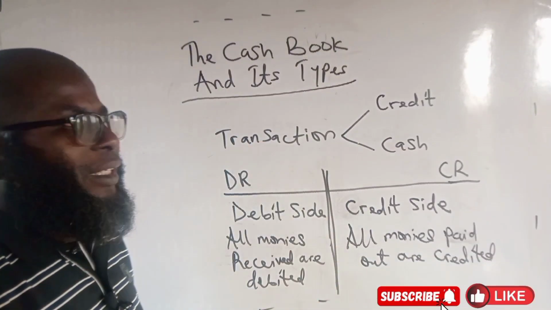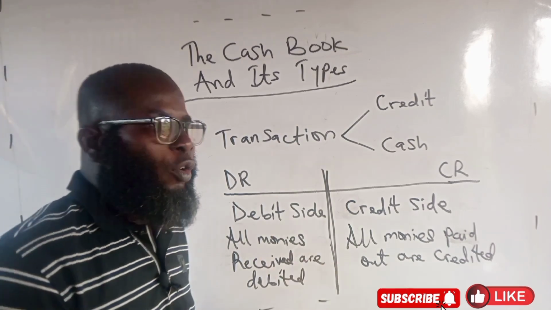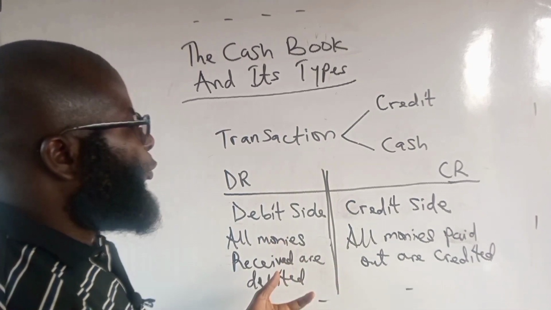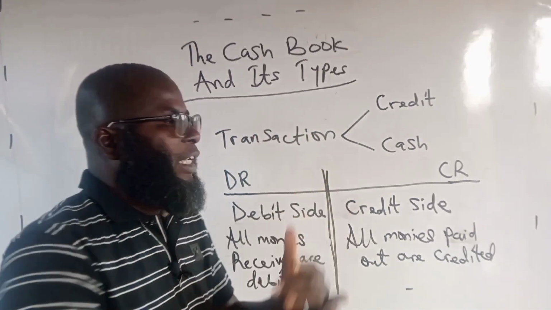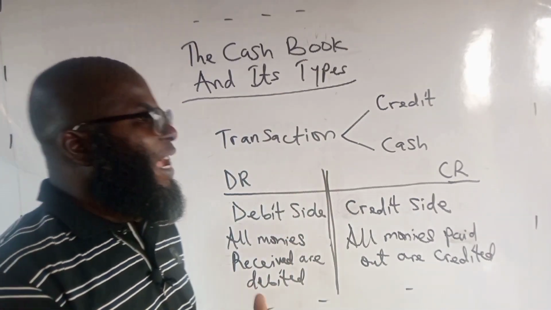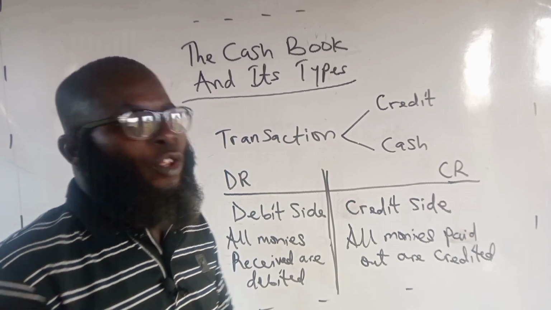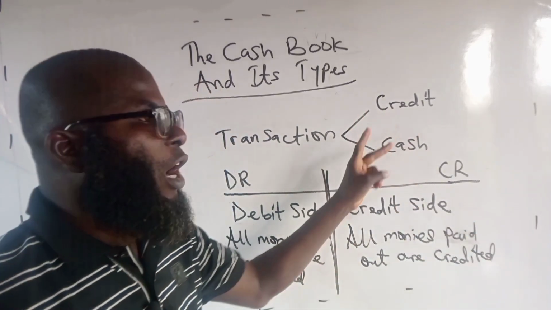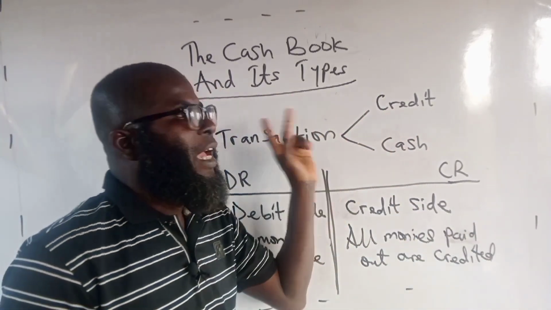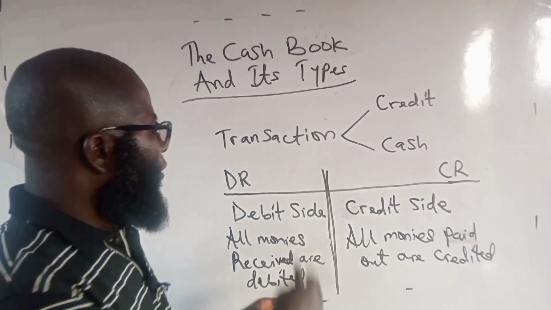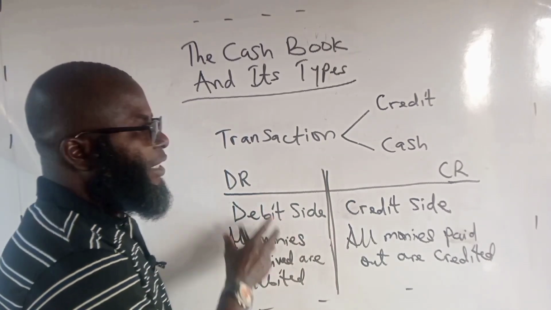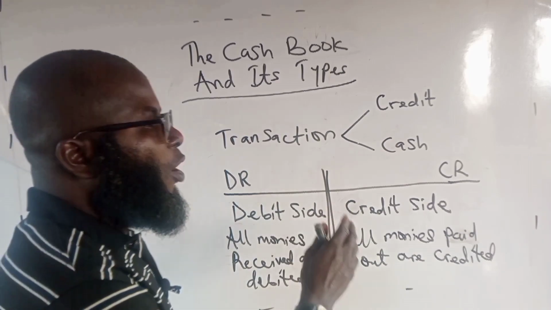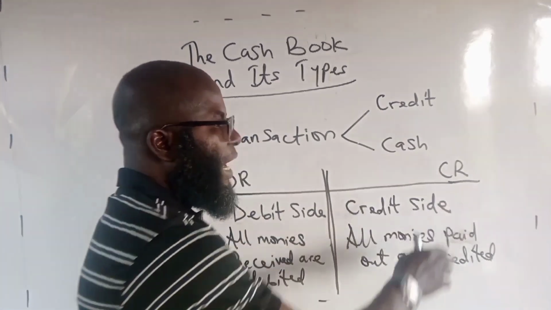These are the rules that guide the posting into the cash book. In conclusion, there are certain things you have to take note of while preparing your cash book. First, all cash transactions are posted into the cash book, while any transaction based on credit, you mustn't take into the cash book. Second, we have two sides for the account, the debit side and the credit side.